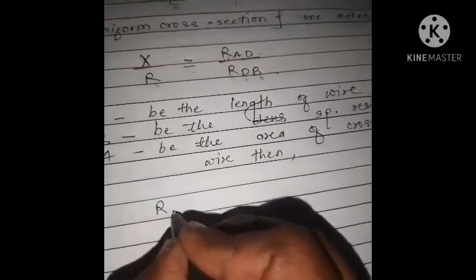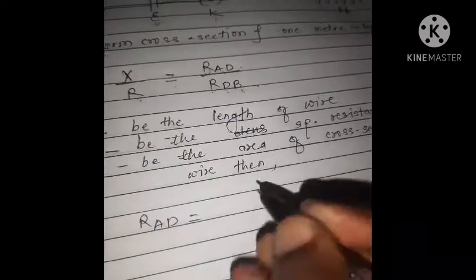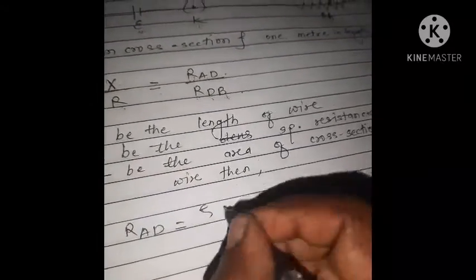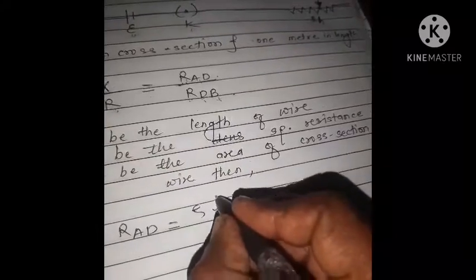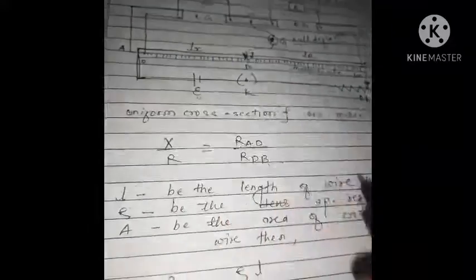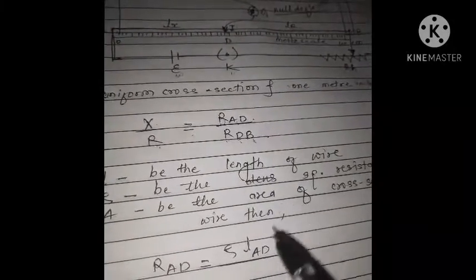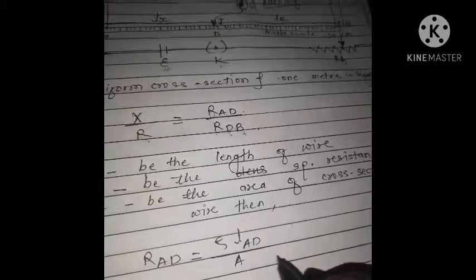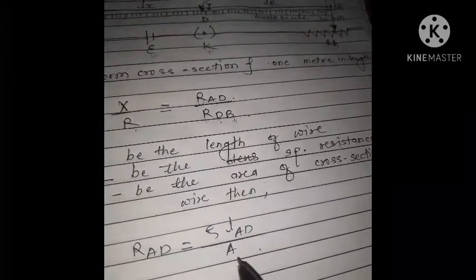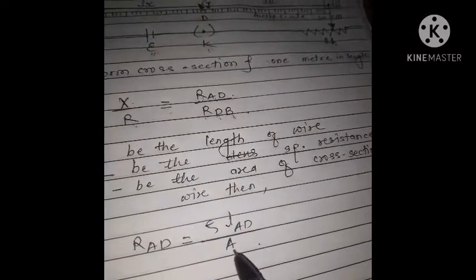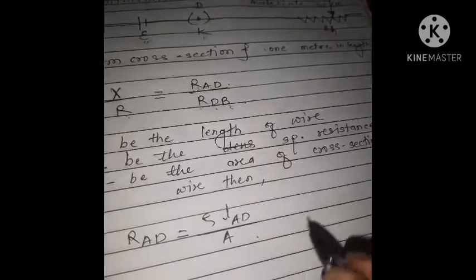So RAD is equal to rho into length of wire AD, suppose LAD, divided by area. Area is uniform, so we have written simply A.